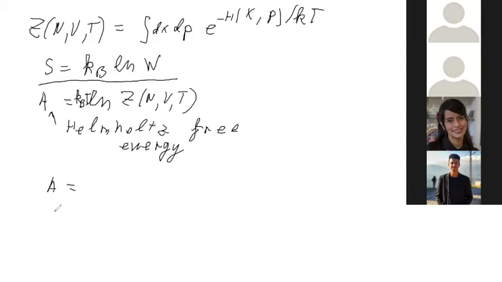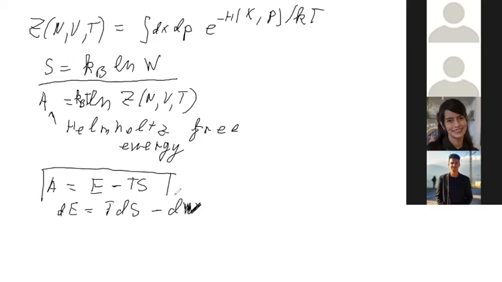Basically, we had energy in thermodynamics, dE, the change of energy, was T dS minus, let me put it just, p dV. What we do to define A is we take E minus T times S. This is the definition of Helmholtz free energy.